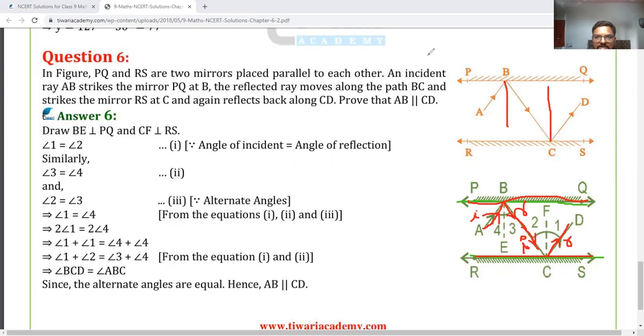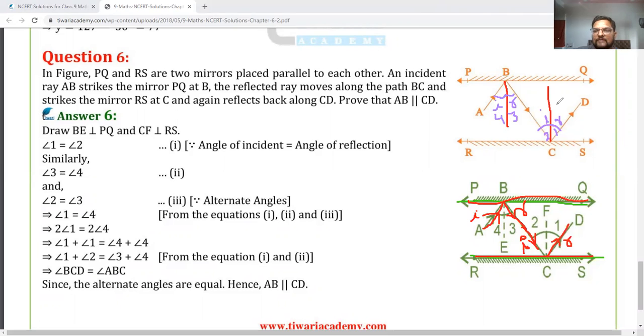So this becomes your incident angle I. This becomes the reflected angle. Again, this is now the incident ray for RS. This becomes the incident angle and this becomes the reflected angle. Let me name them 1, 2, 3, and 4.